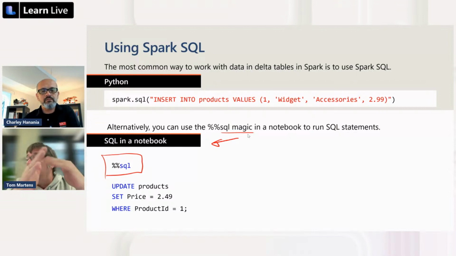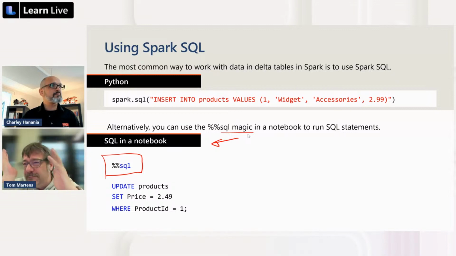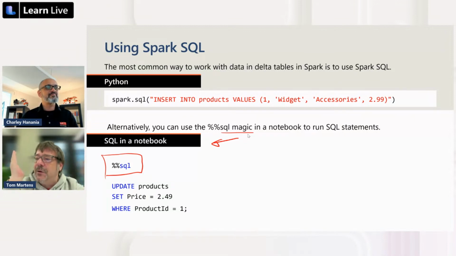This is Spark SQL because I'm using Spark. It's not T-SQL, but basically another variant. They are SQL ISO compliant, so it's not that big a difference. What makes the difference is this magic, and then my cell contains SQL code. And I can create another cell and use, for example, Python again.